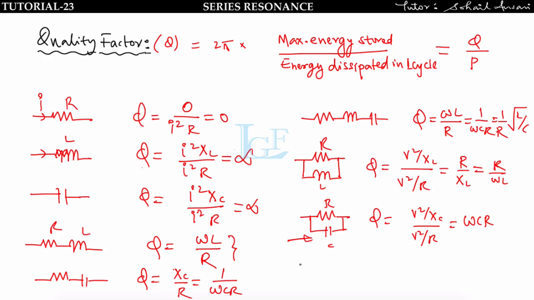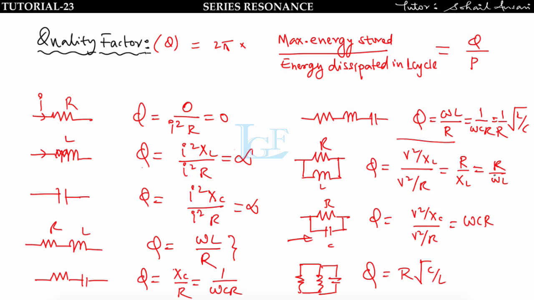For the parallel RLC circuit, the quality factor is R under root C by L, exactly the opposite of the series RLC circuit. In this way we can easily find the quality factor of different series and parallel circuits.